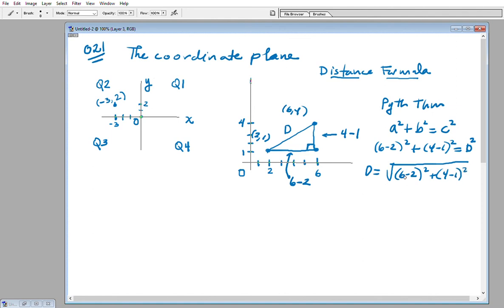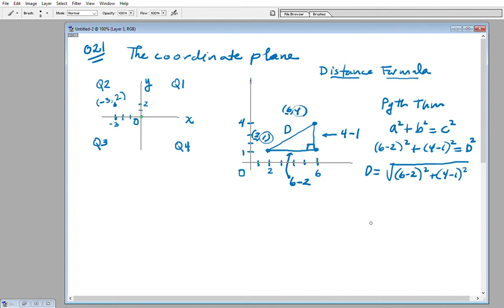All right, what is 6 minus 2? Well, it's just the x coordinates subtracted. You see, 6 minus 2, those are the x coordinates. And 4 minus 1, those are the y coordinates subtracted.